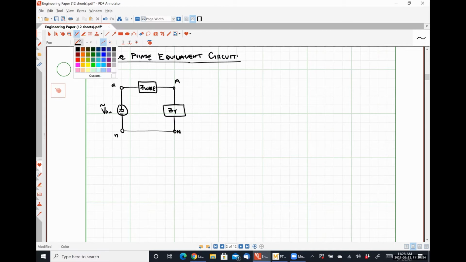Where you can easily determine the value of our line current for our B phase. It'll look something like this.